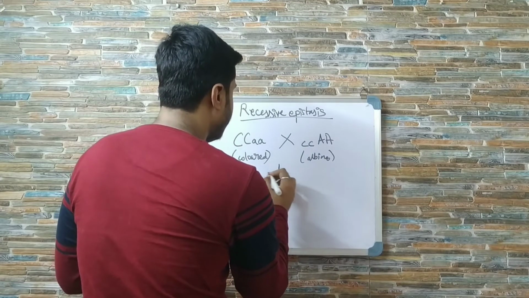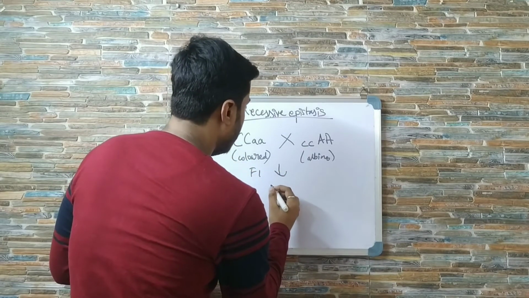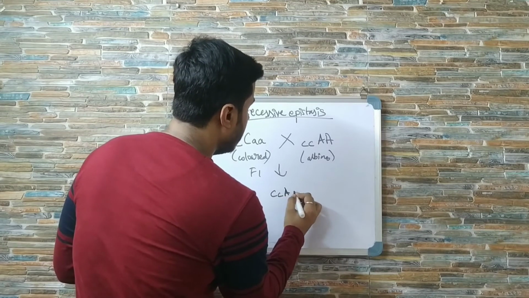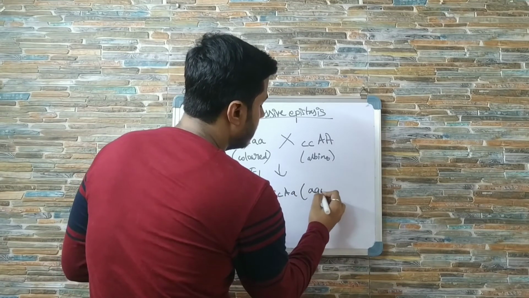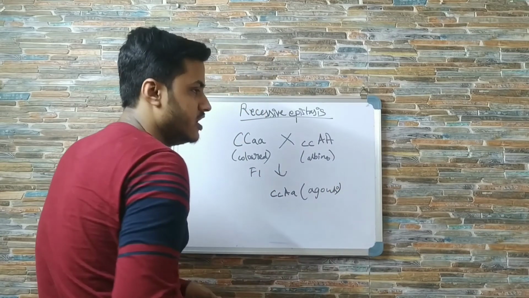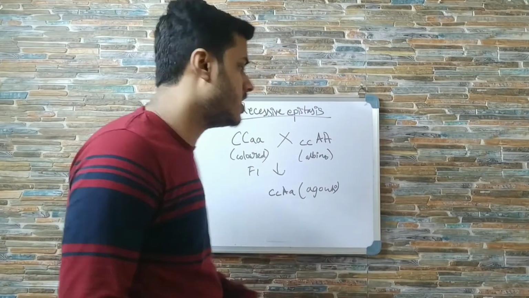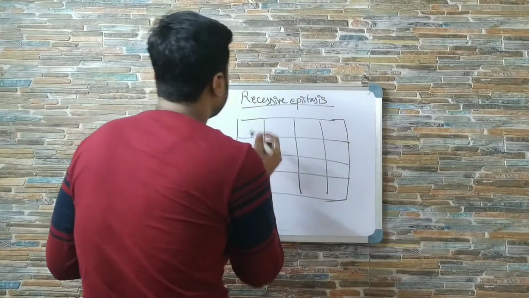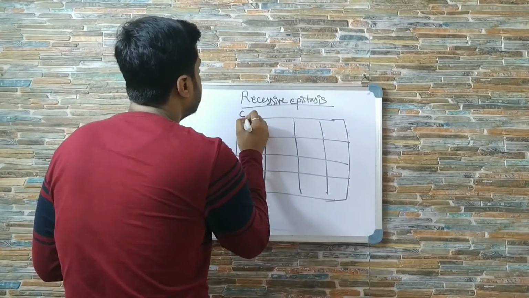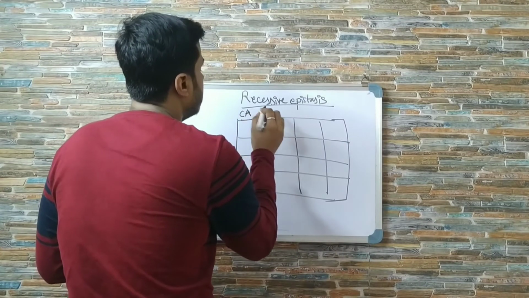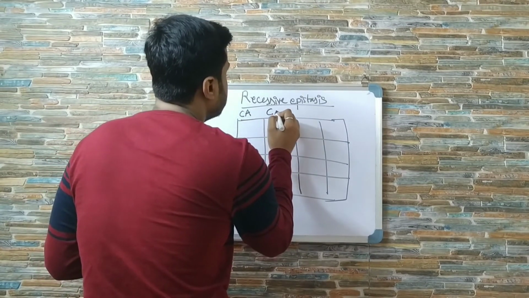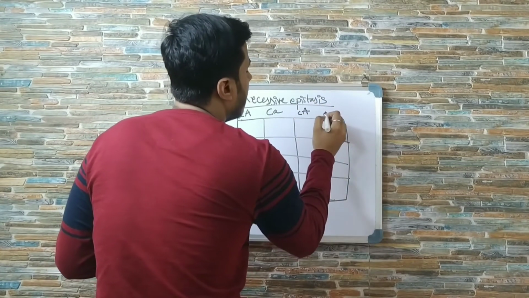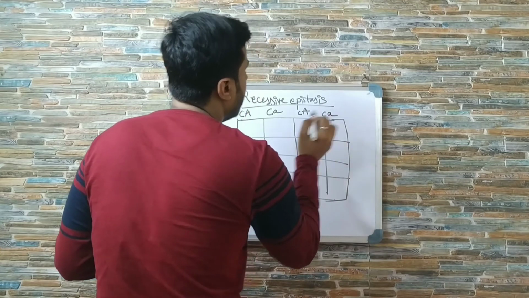The F1 generation will be capital C, small c, capital A, small a, which is agouti or greyish. Now, the F2 generation of this hybrid self-cross will be, here we will have capital C, capital A, capital C, small c, capital A, and small c, small a.